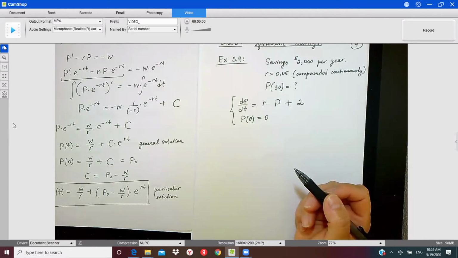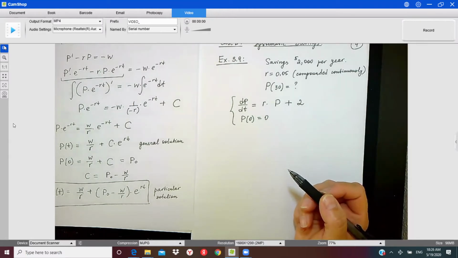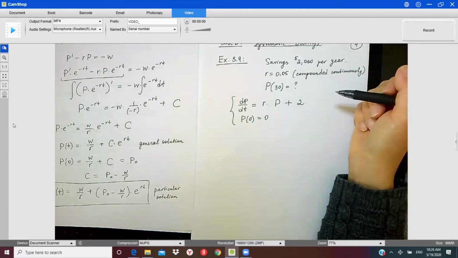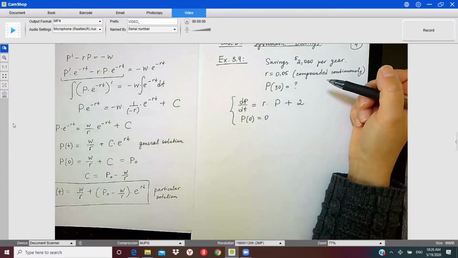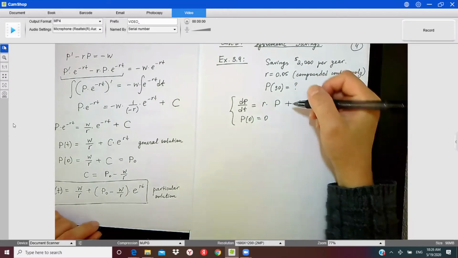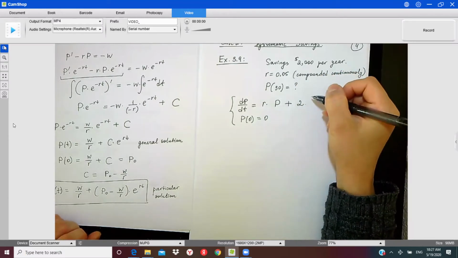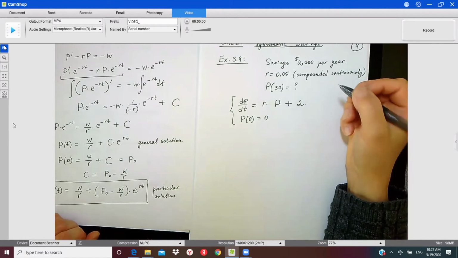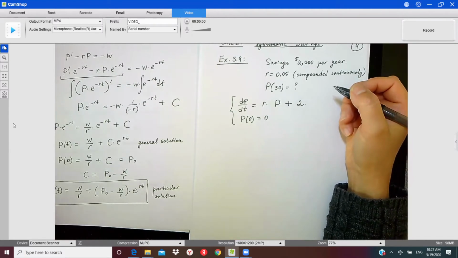So any questions regarding this model? So again, initially it says here, you have no savings to begin with. So when you start, there's nothing there that already accumulated, right?